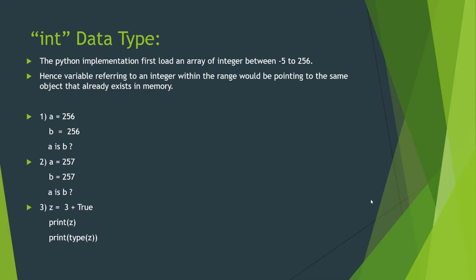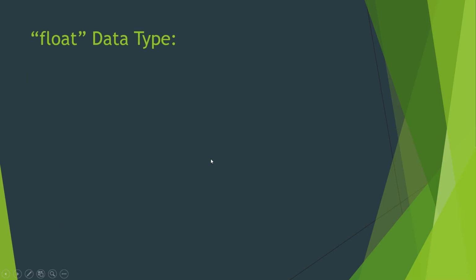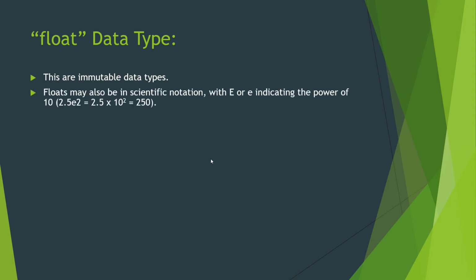Now as we have seen the integer data type in Python, let's look at the float data type in Python. The float data types are immutable data types. That means that only one object is going to be created, even if the same values are there.